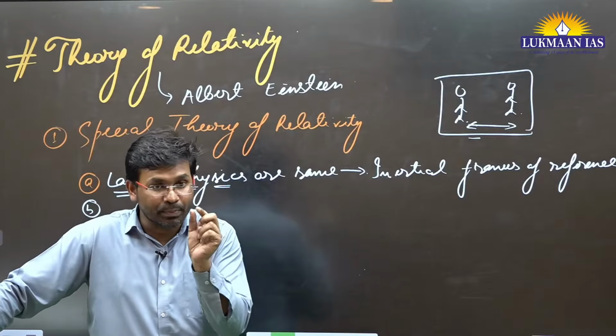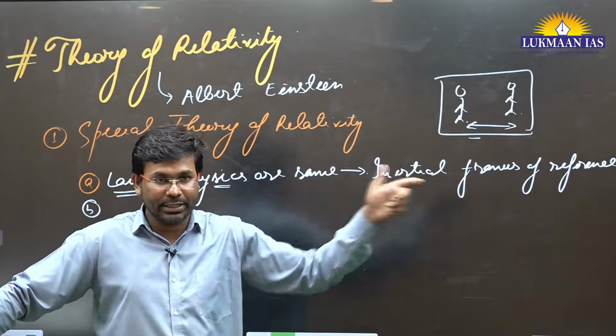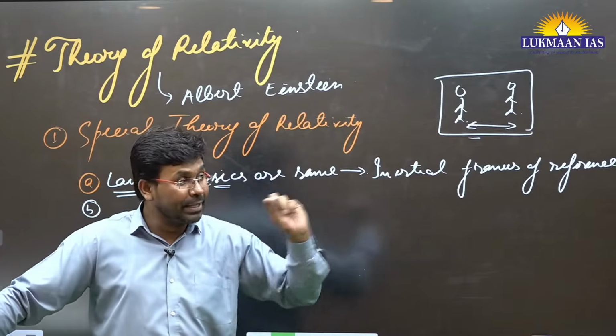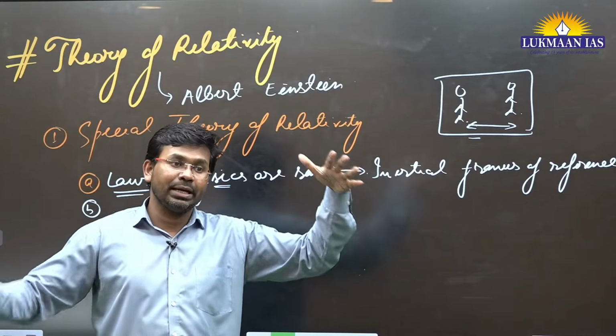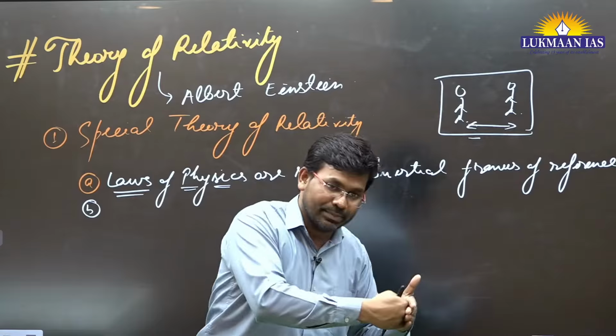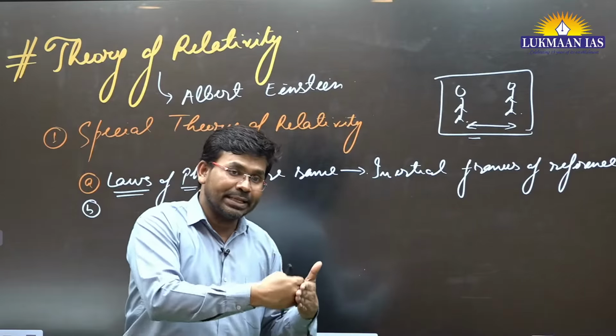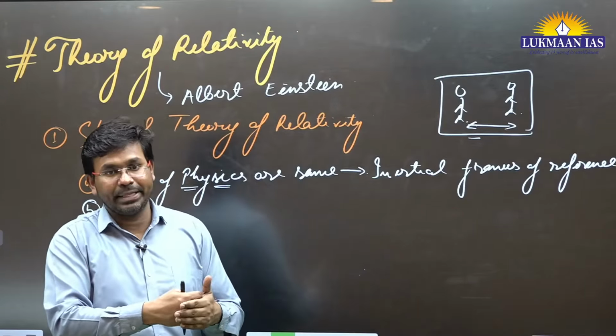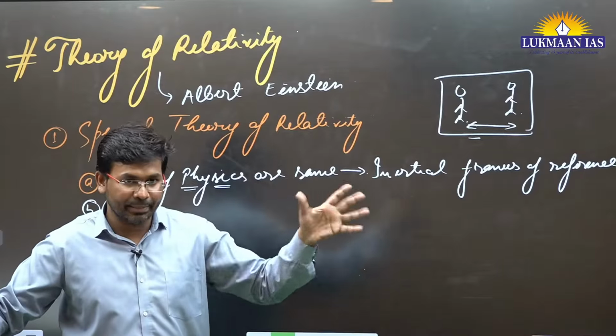Even a smaller body can have a bigger impact, for example a bullet. And big bodies can have lesser impact if they go with less speed. So there is a role of speed, and a role of mass as well. Speed here means acceleration.